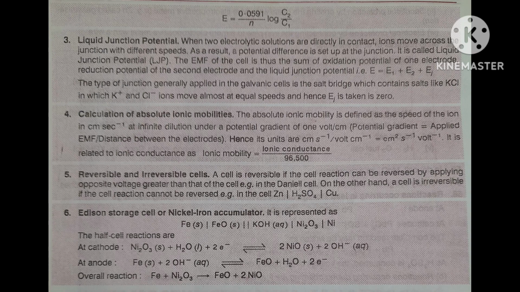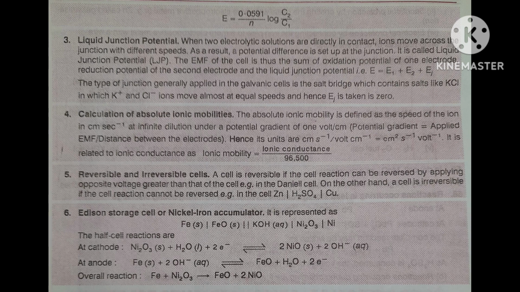And what is the half cell reaction? Already I have discussed, again I am telling you, at anode, that is the Fe. Actually Fe will lose the electron, loss of electron at anode. But how? Simply it will not lose. In presence of OH ion, KOH you have taken as electrolyte, ferrous will lose the 2 electrons.